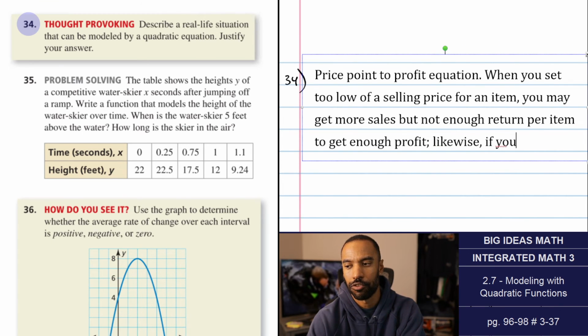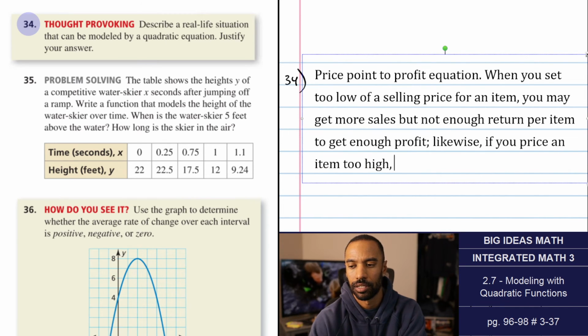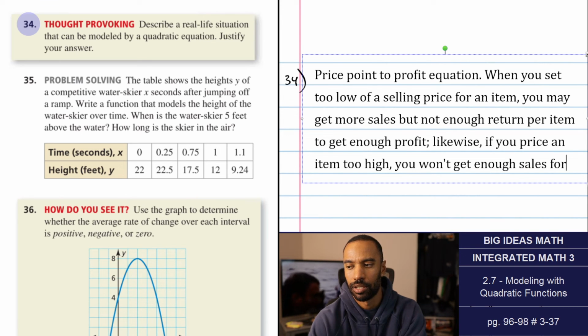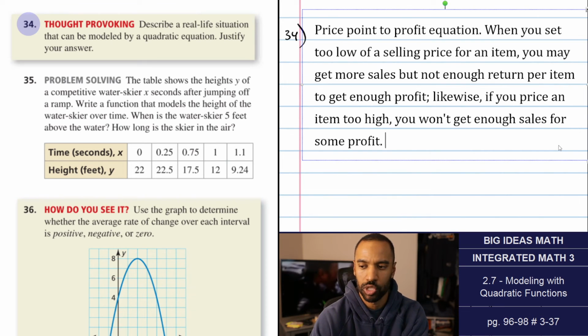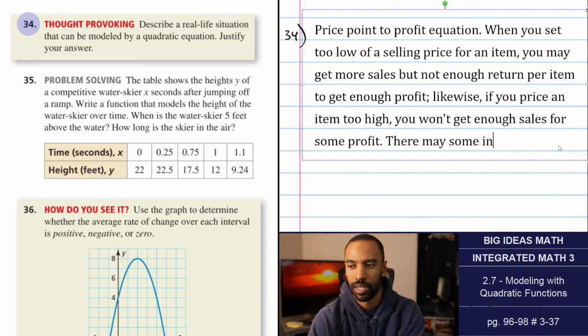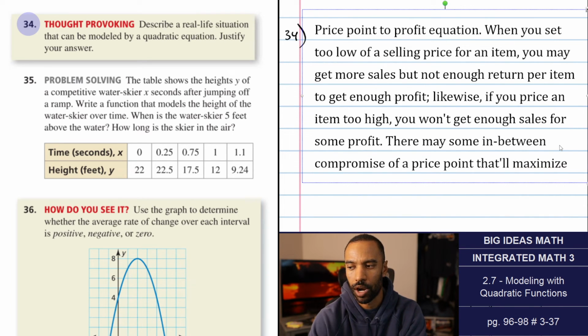Likewise, if you price an item too high, you won't get enough sales for some profit. There is a balance. There may be some in-between compromise of a price point that'll maximize profit.